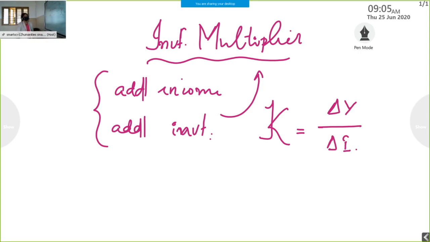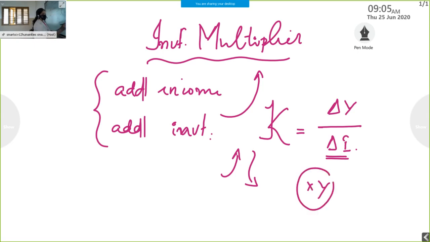Okay. Then we can say any changes in investment, may be increase or decrease, due to other factors rather than income.